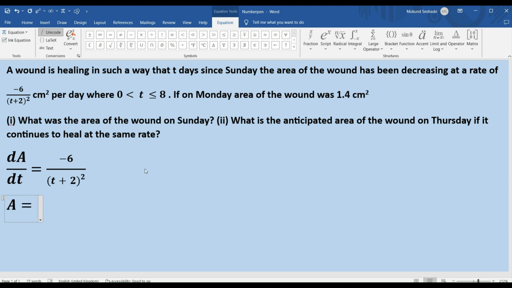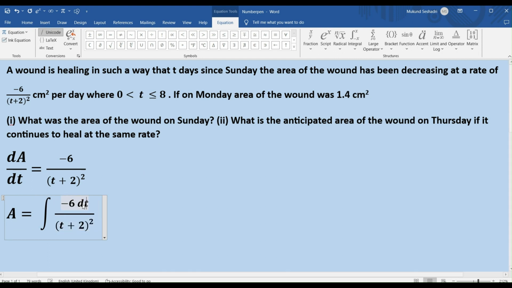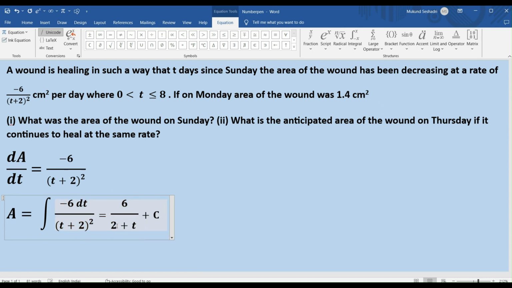So my A is nothing but the integral of dA by dt, dt. Now I am quite familiar with this, so I don't think I will have to spend too much time on it. The answer for this particular problem is 6 divided by (2 plus t) plus my constant C. My dA by dt is negative.